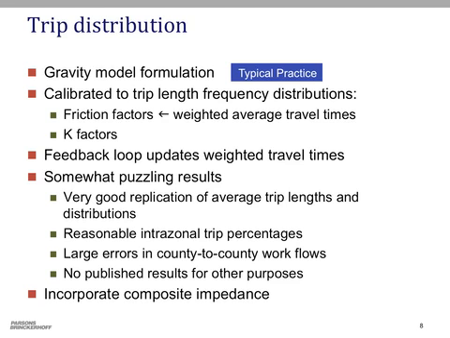But there are fairly large errors in the county-to-county workflows when I compare them to the 1990 or the more recent 2006 and 2009 3- and 5-year ACS journey-to-work data. And of course I don't really have anything to compare the other trip purposes to, so maybe the amount of error in those is a little bit worrisome.